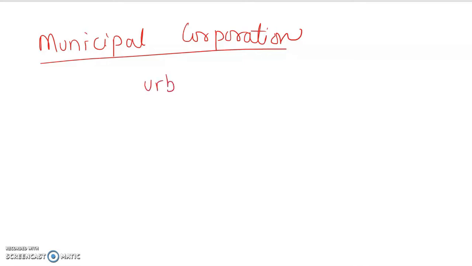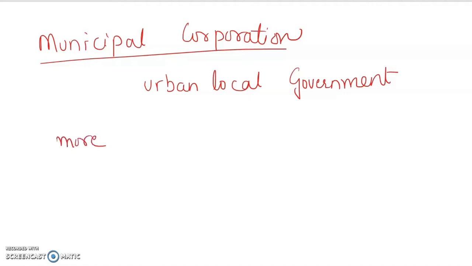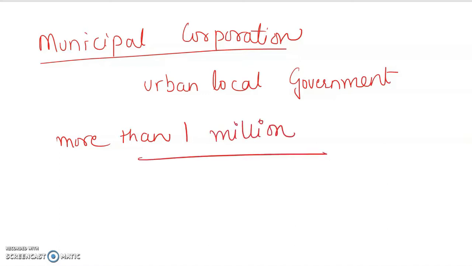It is an urban local government which works for the welfare of the people in a city which has a population of more than 1 million. If an area has a population of more than 1 million, to manage those people we have a body called the municipal corporation. Let's say this is the city.